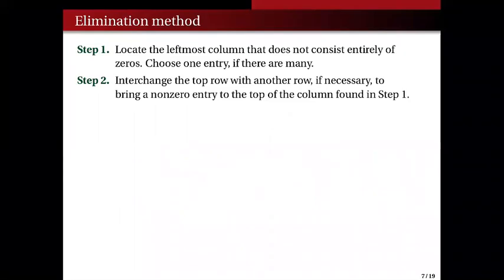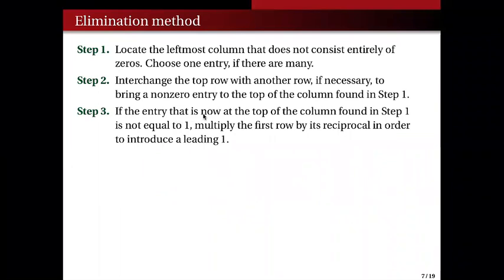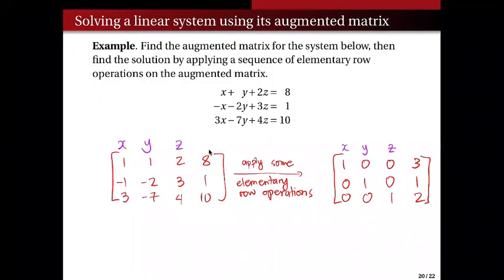Third step, if the entry that is now at the top of the column found in step 1 is not equal to 1, multiply the first row by its reciprocal in order to introduce a leading one. In this example, it's already 1. But suppose we did choose the third row.